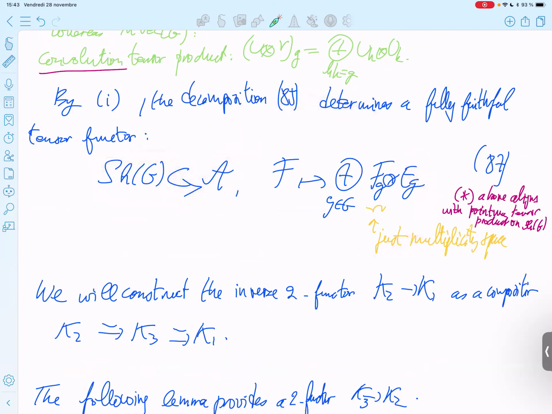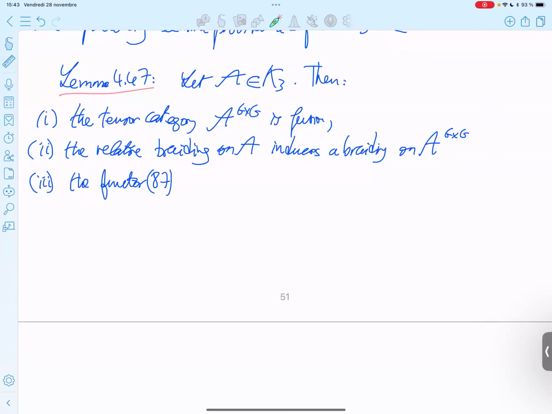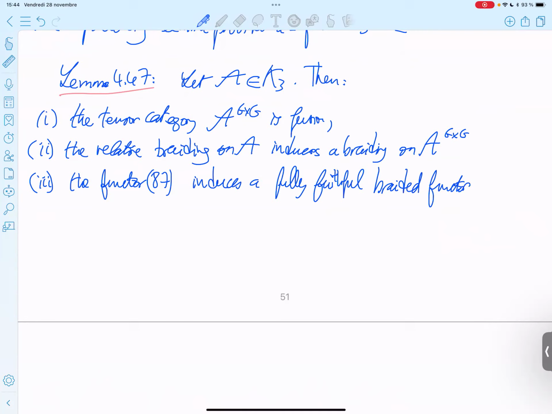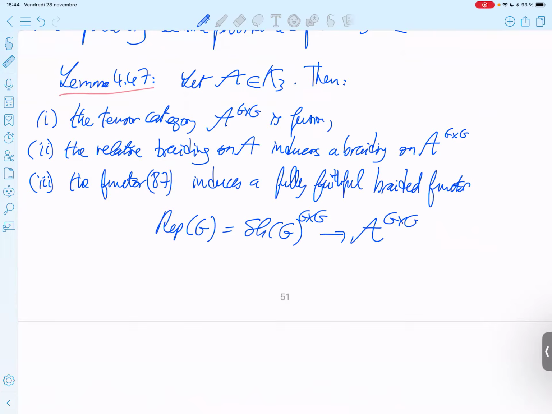What about this functor? It is a fully faithful braided functor. So it induces a fully faithful braided functor from rep G to the G cross G equivariantization of A. So in fact, the G cross G equivariantization of sheaf G is rep G. So this is called 88.